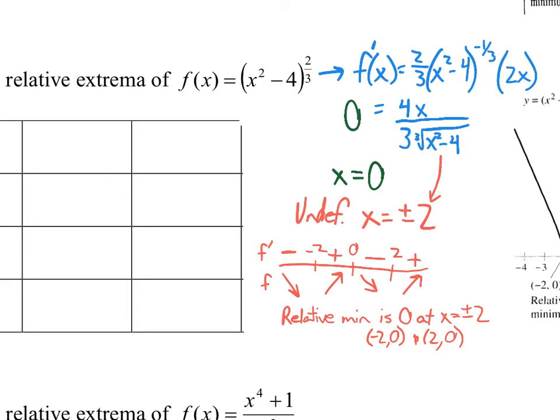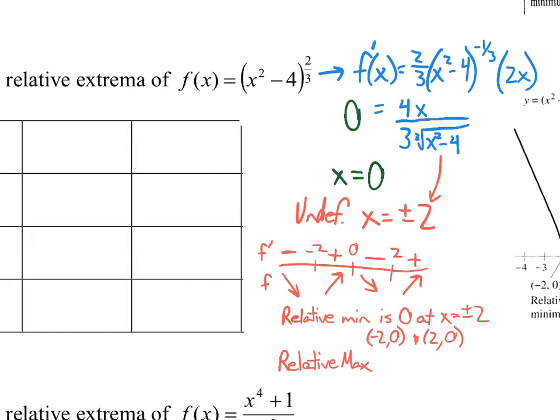I also have a relative max. If I plug in 0 to the original function, I have -4 to the 2/3 power. -4 squared is a positive 16.